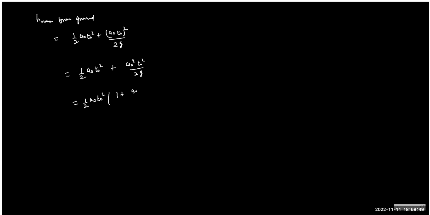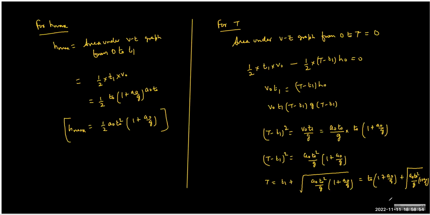H max from ground equals half A naught T naught square plus the answer which we got. So what we can take common? And how much we are getting here? Same answer.